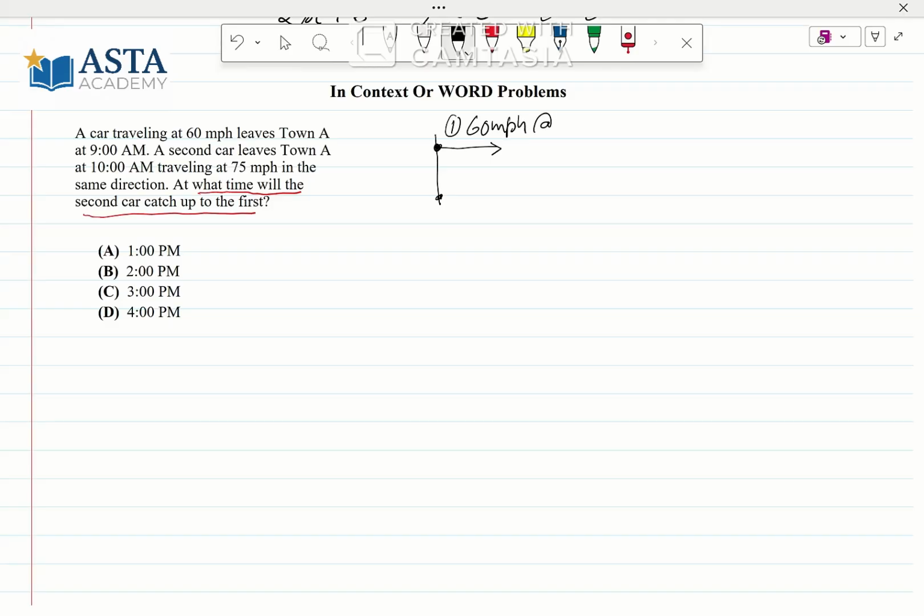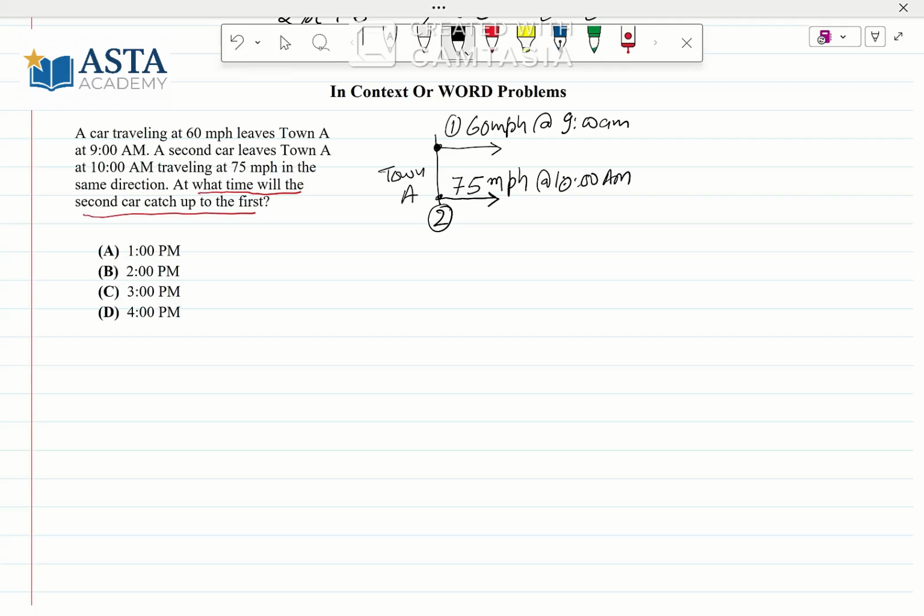It starts at 9 a.m. Now there's another car, number 2, let's say, which starts at the same place, town A. Okay, this is your town A. Their starting point is the same, and its speed is 75 miles per hour, but it starts at 10 a.m. Okay. Now they are traveling in the same direction.